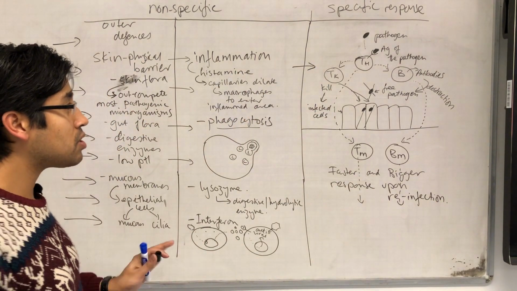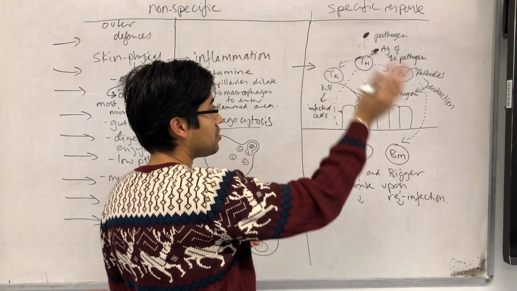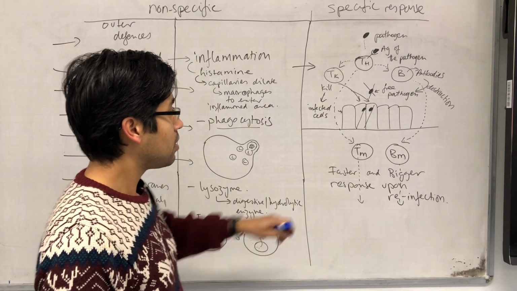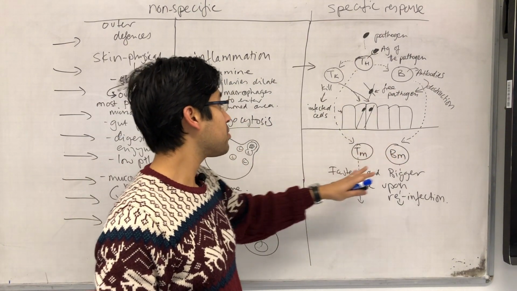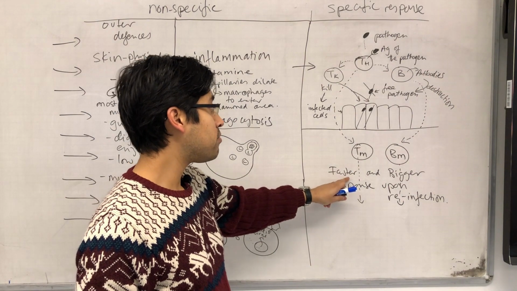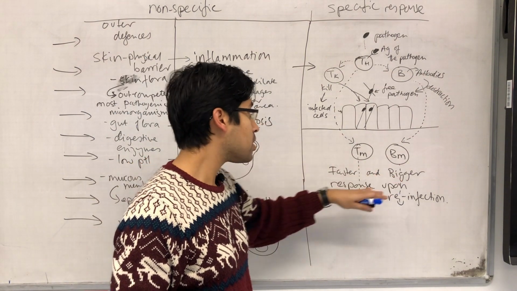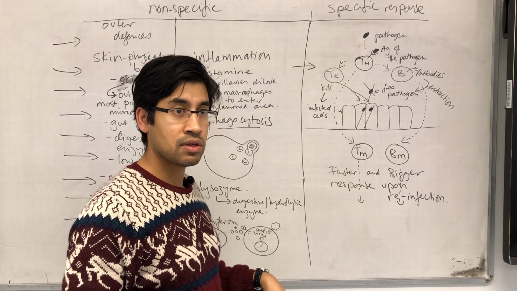So if by chance the same pathogen happens to enter the body again, the T memory cells and B memory cells are there to ensure a faster and larger response to that infection.